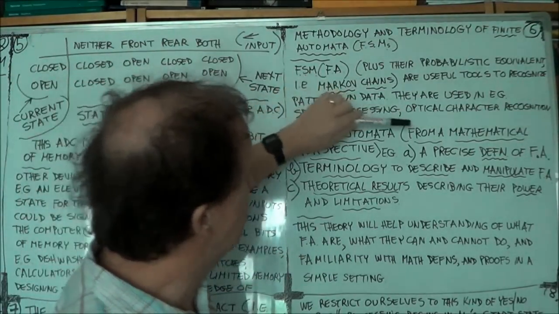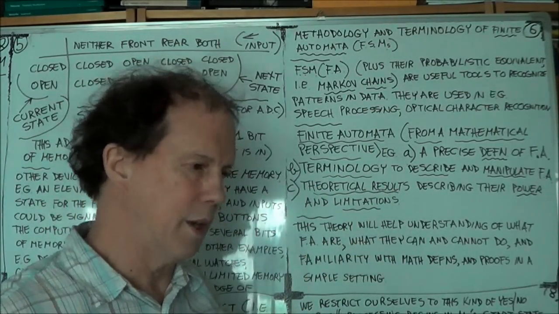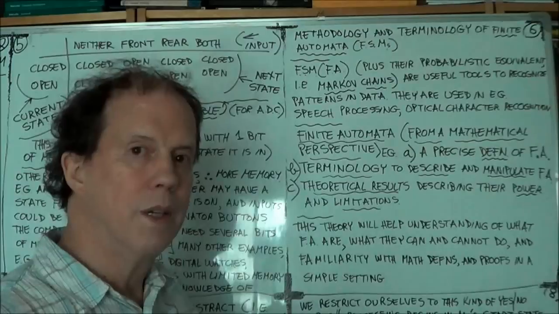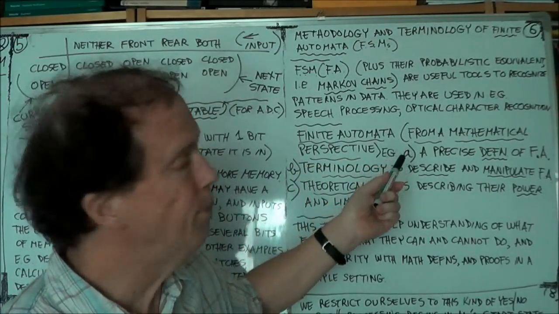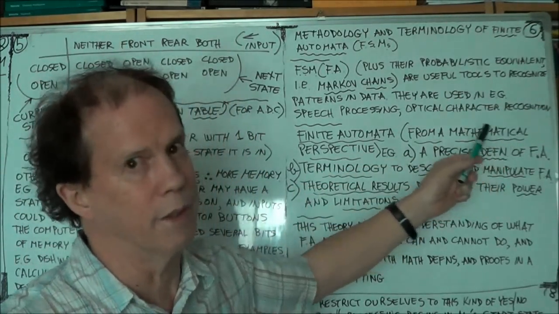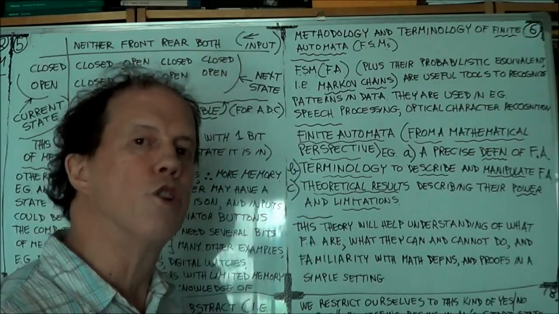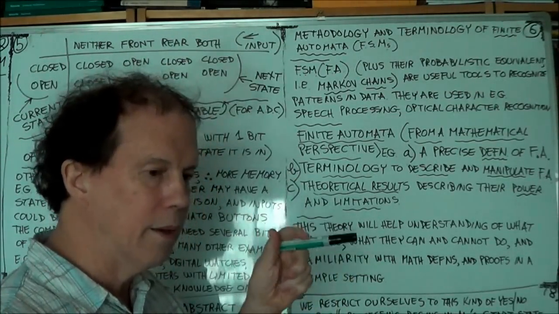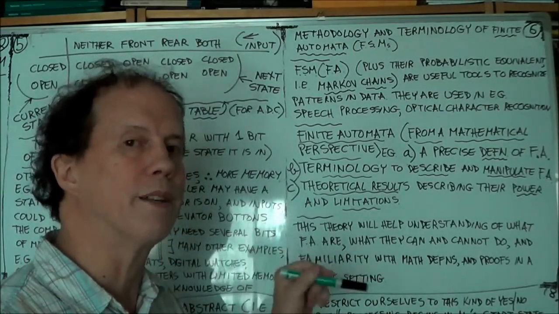Now, okay, so that sort of ends the overview of what a finite automaton is, and now we start getting into the more detailed description of what a finite automaton or finite automata, the plural form, are. Okay, and we'll take an increasingly mathematical perspective. We'll take these definitions and we will write them in mathematical terms. The definition of a finite automaton or finite automata will be written in mathematical terms as part of the definition.